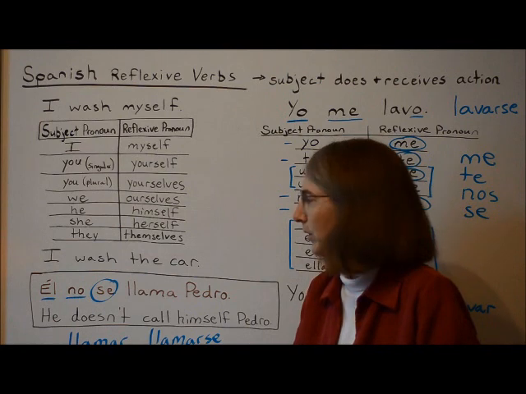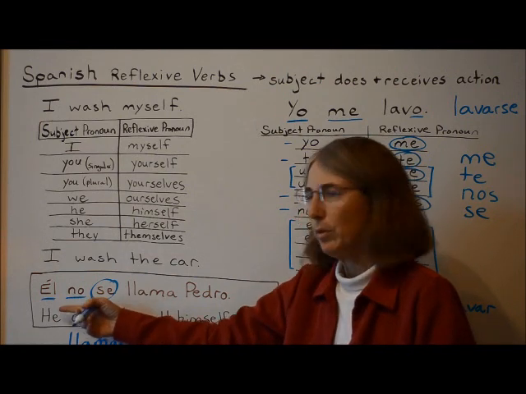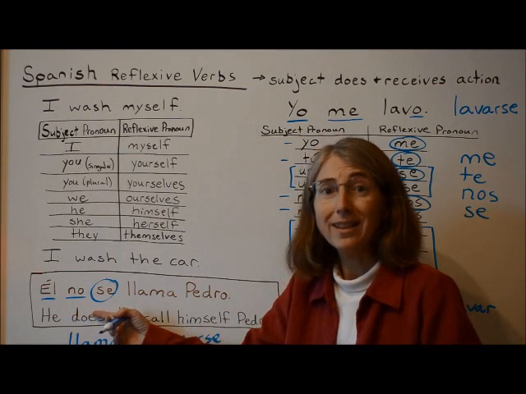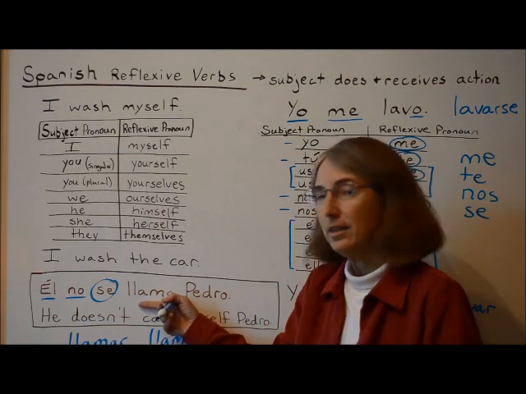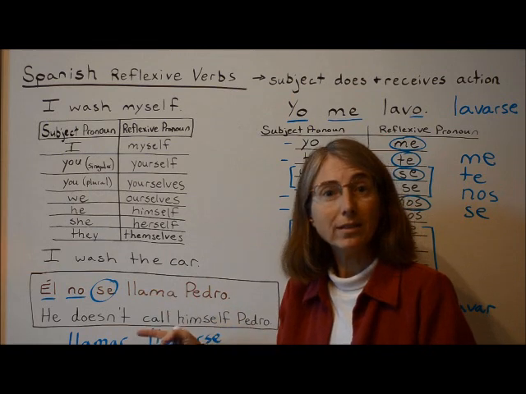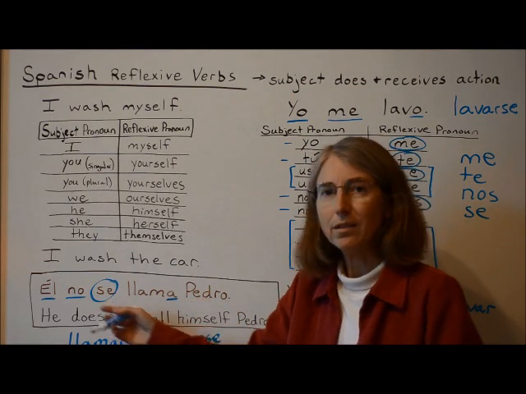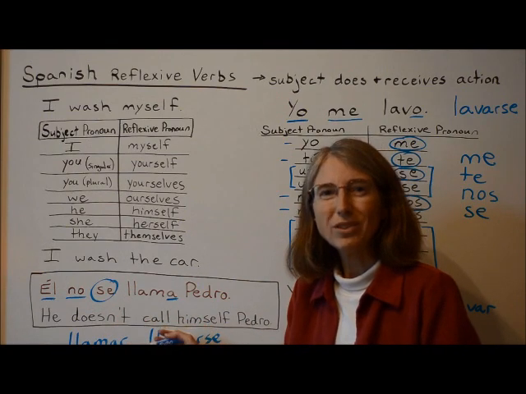Call oneself. And we put the subject pronoun first, then the negation, then the reflexive pronoun. Llama is conjugated according to the subject of the sentence, él. So he does not call himself Pedro. Él no se llama Pedro.